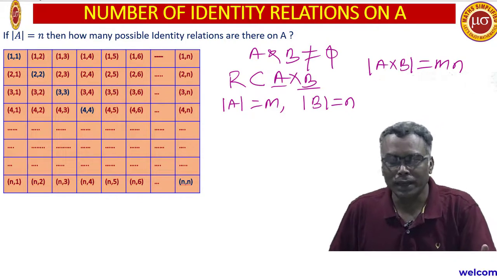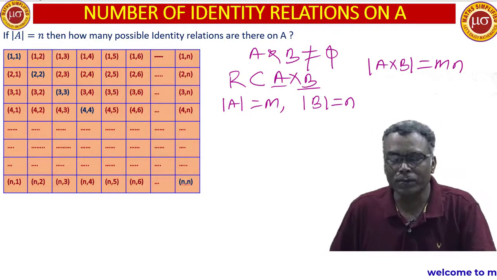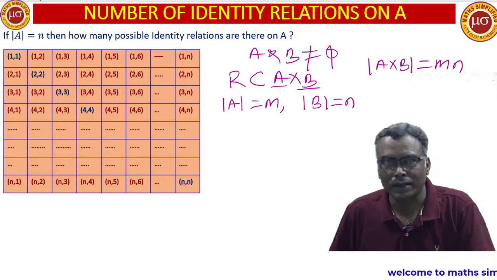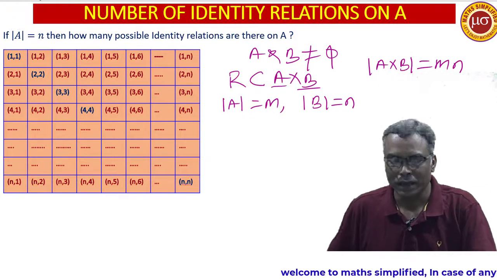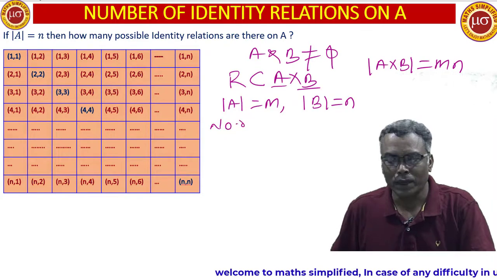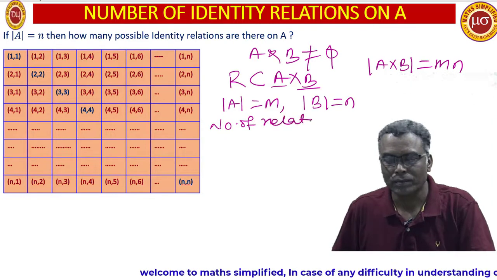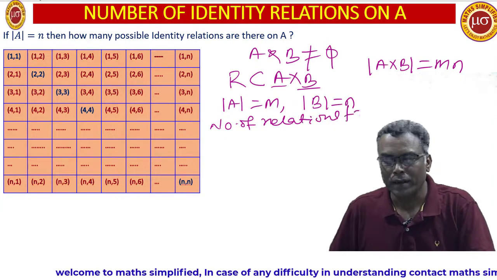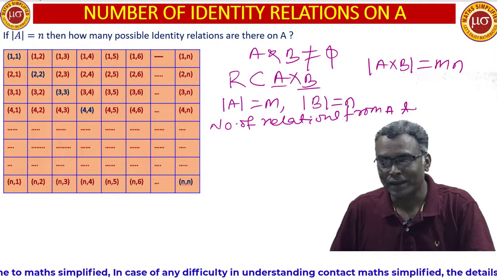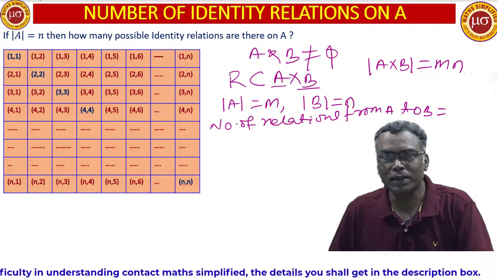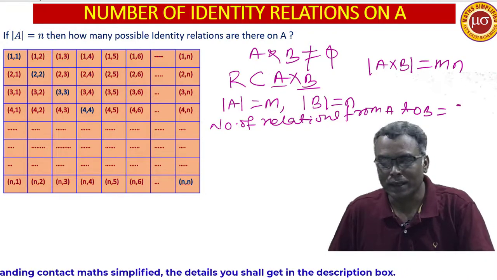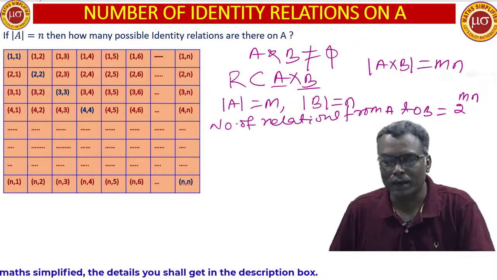So, the number of relations from A to B is the same as the number of subsets of A cross B. Therefore, the number of relations from A to B is the number of subsets, and the number of subsets is 2 to the power mn.